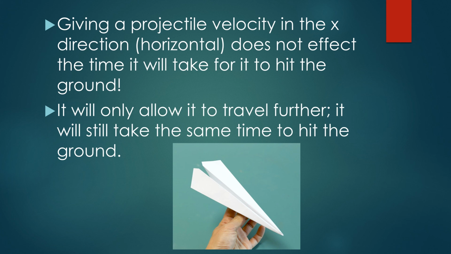So if you drop a bullet from, let's say, your shoulder height, and you shoot a gun from your shoulder height at the exact same time, the bullet that's being shot from the gun is going to hit the ground at the exact same time as the bullet that you dropped. If we were in class, I would show you guys a demo of 2 tennis balls.